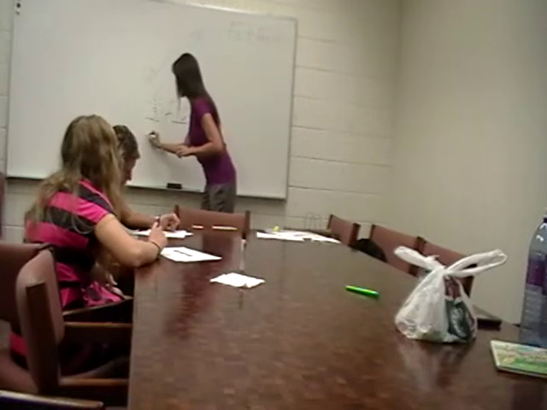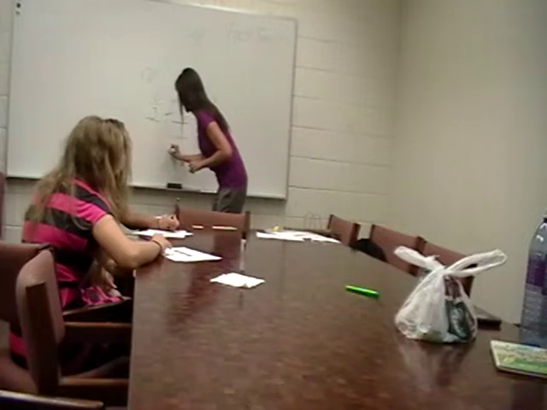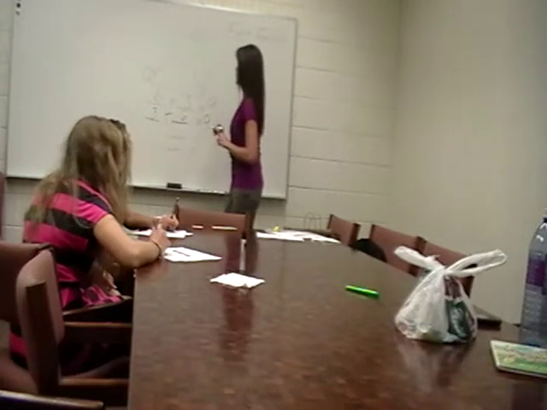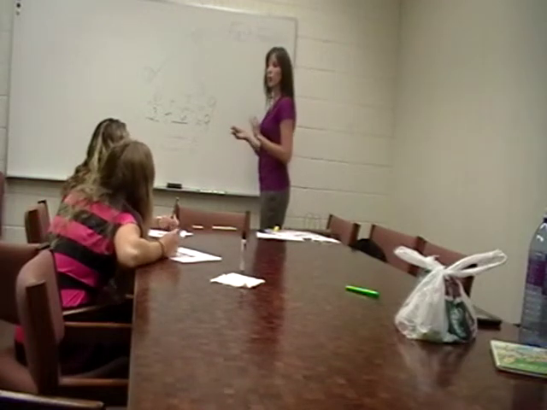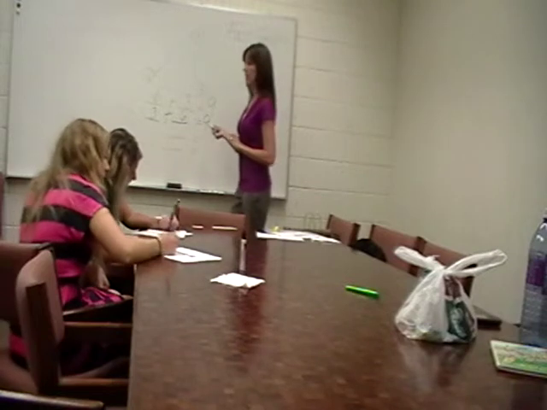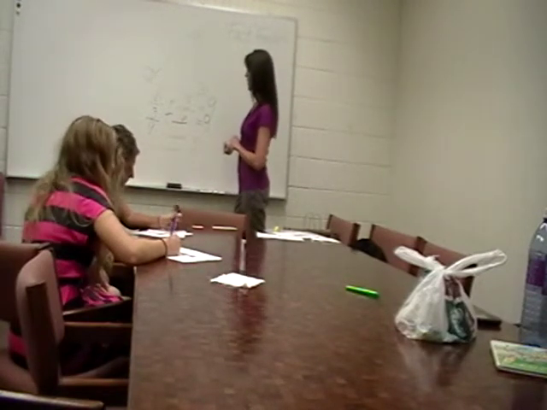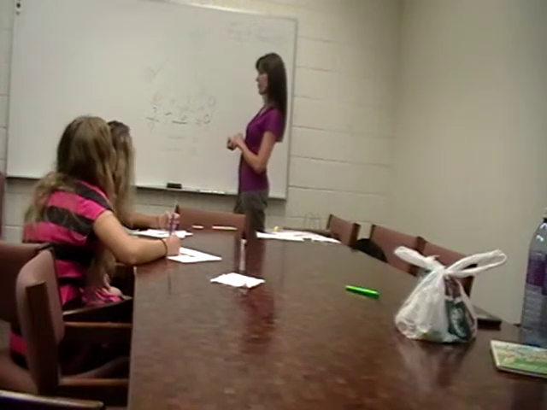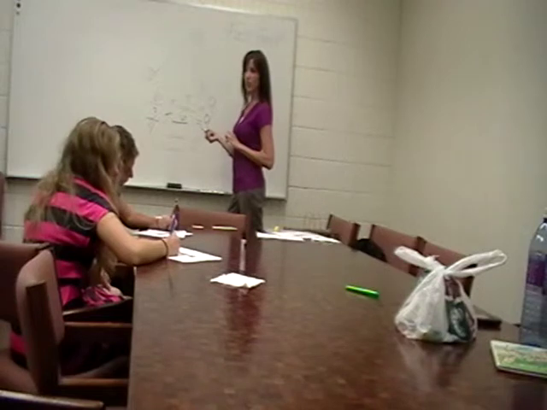Okay, so now we need to write our subtraction problems. So, how are we going to do that? Do we start with the smaller number or the larger number? Biggest. Right, and our biggest number is 9. Great. Okay, so 9, and then we can choose between 6 or 3. So which one should we do first? 3.